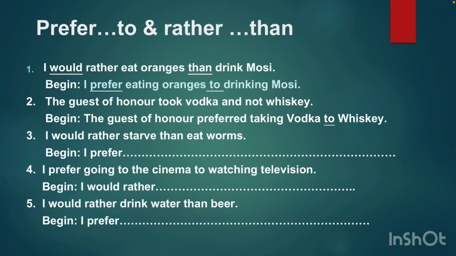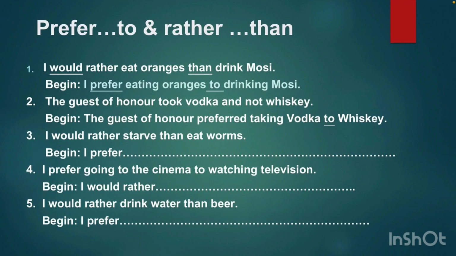The guest of honor took vodka and not whiskey. The guest of honor preferred taking vodka to whiskey. Taking, as you have seen here, is the only verb that we have. We had took here, and it has changed to taking.